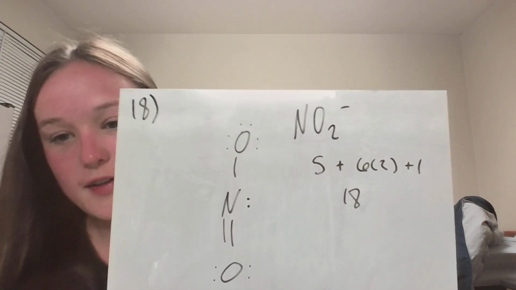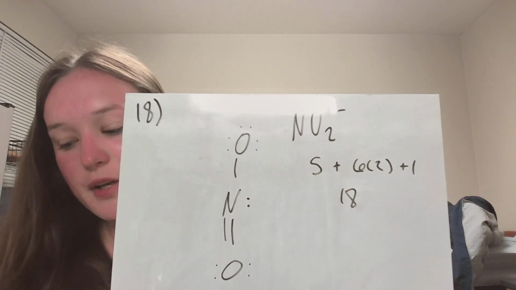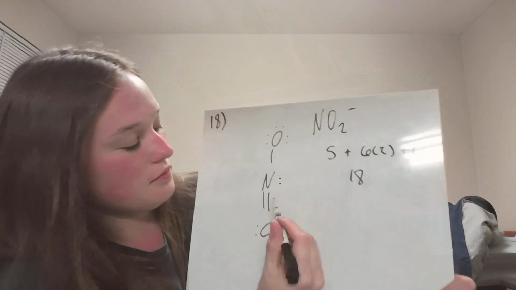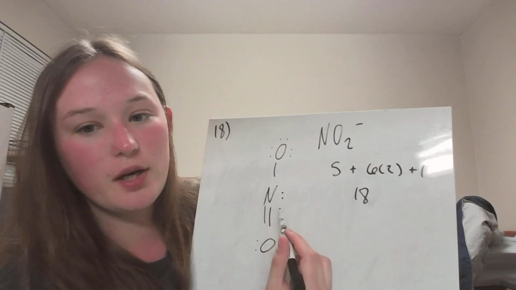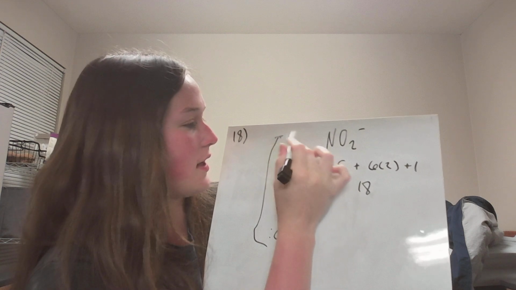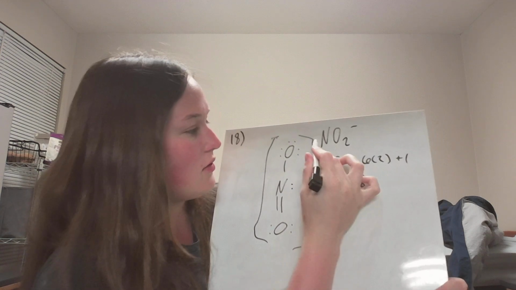Now you might be wondering how I did this so fast. Partially because I did it beforehand, but also nitrogen likes to form 3 bonds. Also, it's going to be in brackets because it has that negative charge on it.